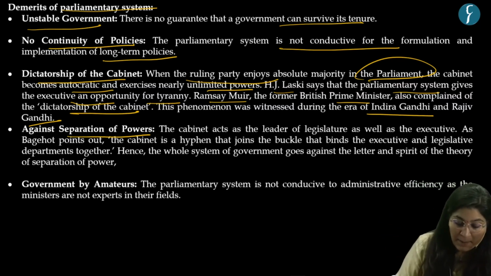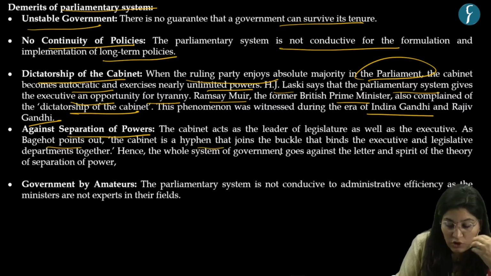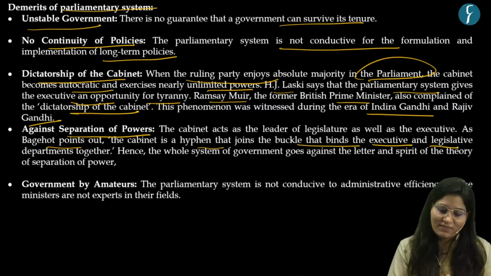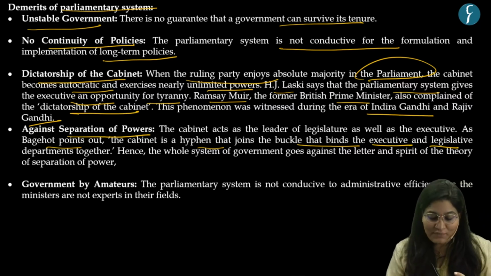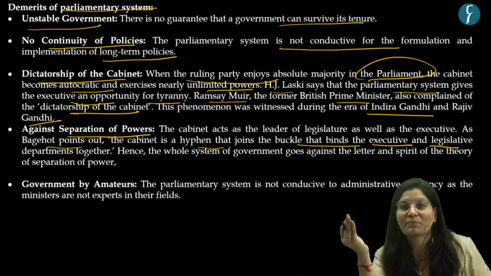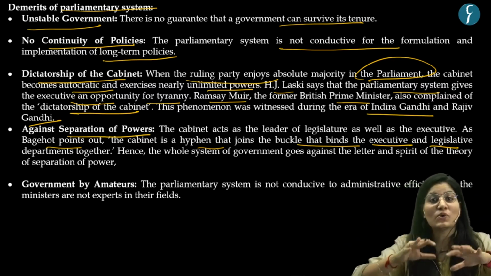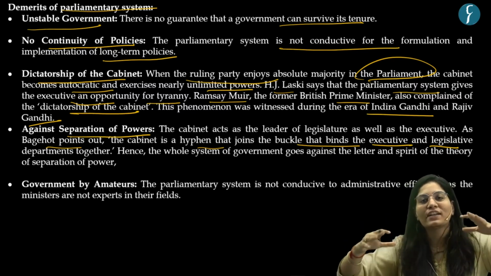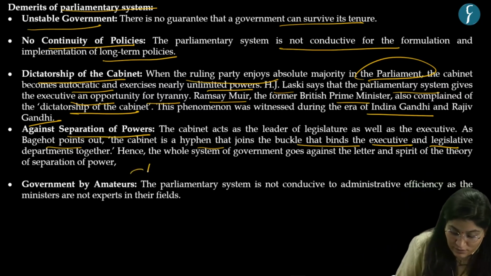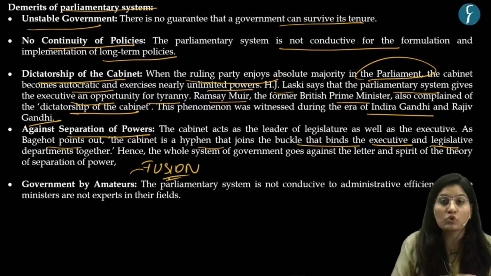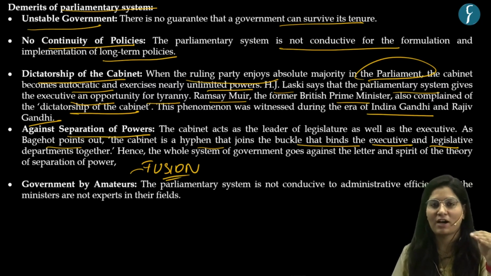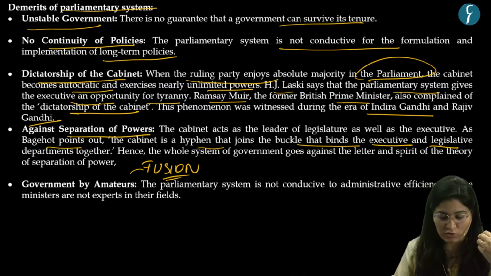And that is why Bagehot points out that the cabinet is a hyphen that joins, a buckle that binds the executive and legislative departments together. Hence, the whole system goes against the letter and spirit of what? Against the letter and spirit of separation of power. Because there is no clear demarcation of wings. There is no clear demarcation of powers. And that is why what we have is fusion of powers. Got it? We don't have clearly demarcated separation of power. We have fusion of power.